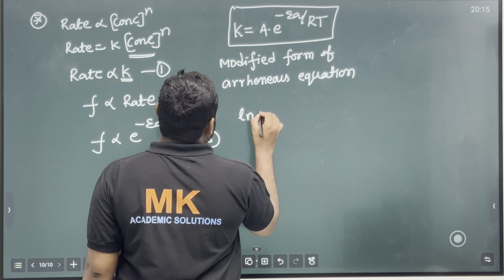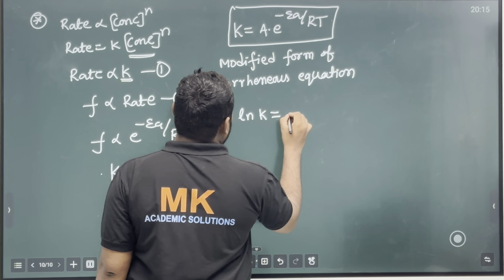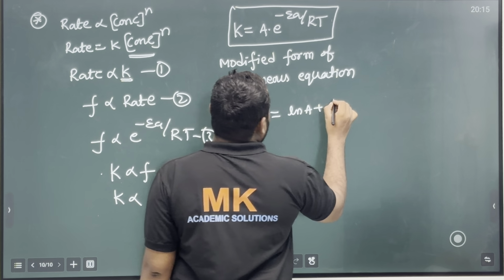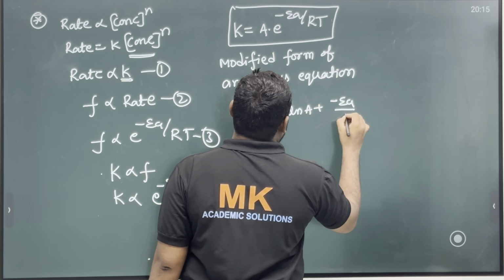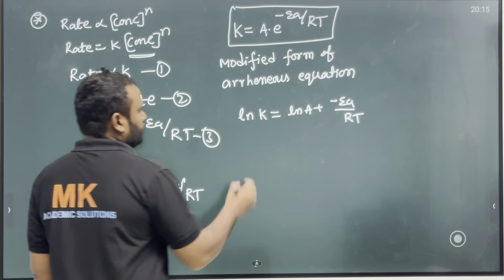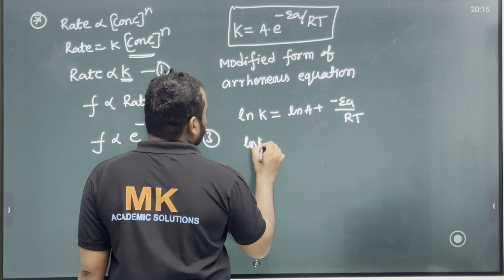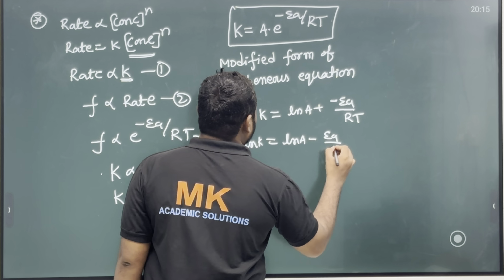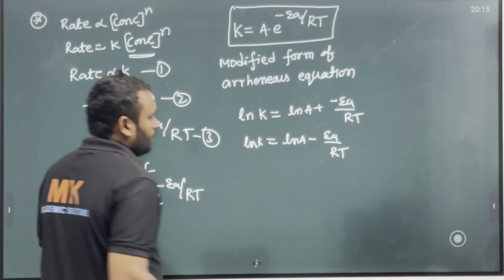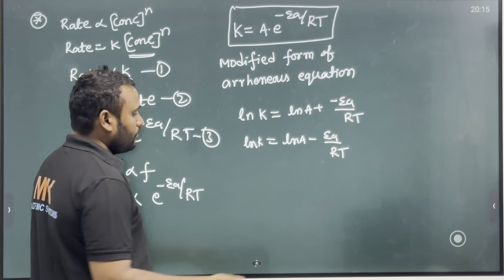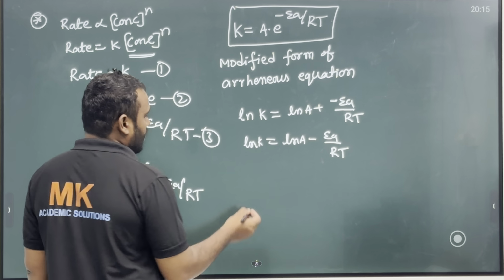So ln k is equal to ln A minus Ea by RT. In case of the natural logarithm, you can instead take the log base 10.